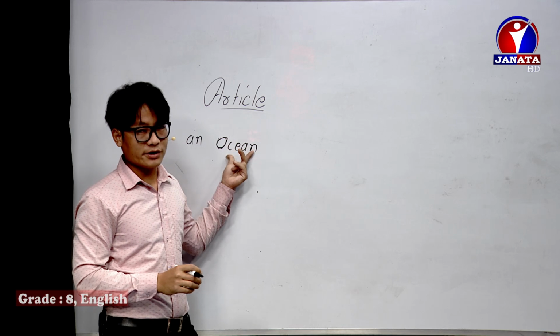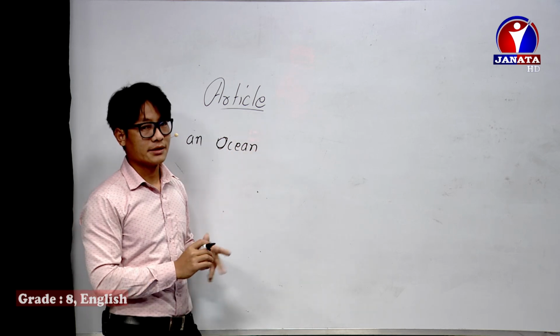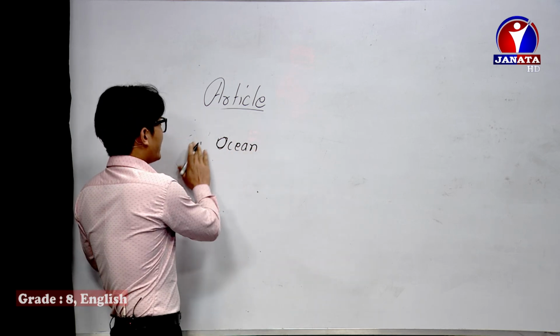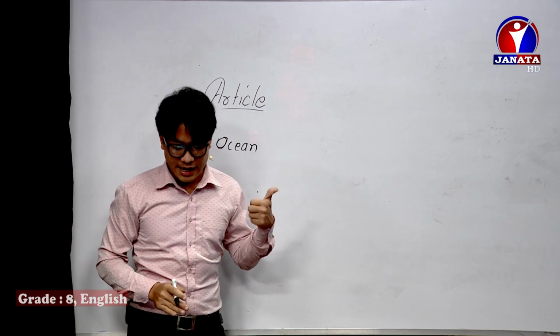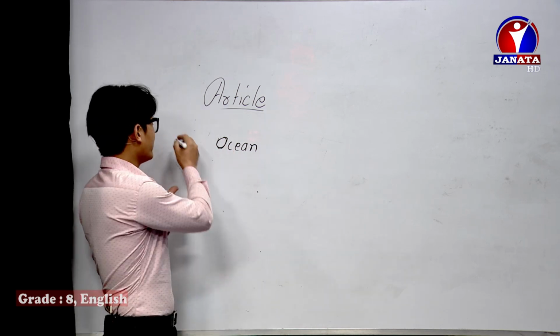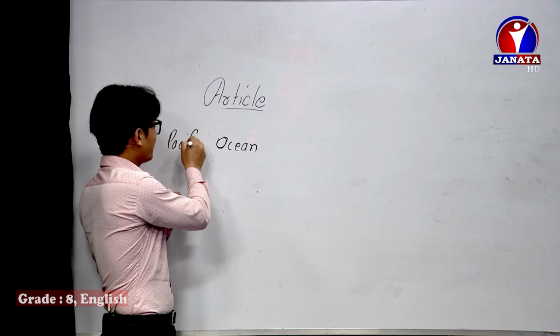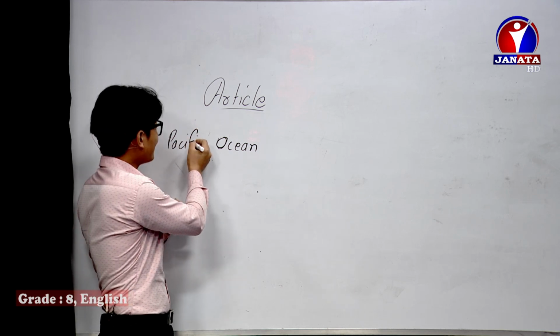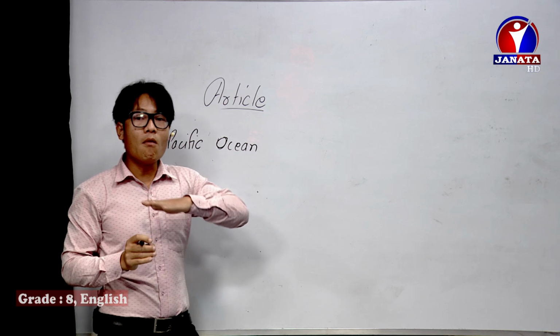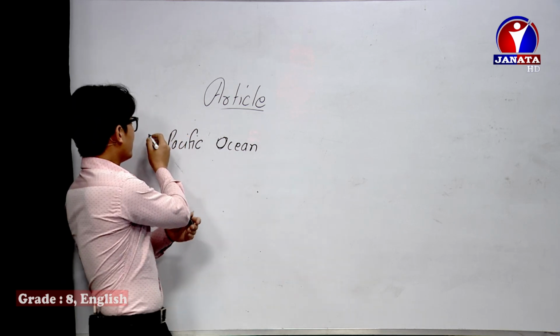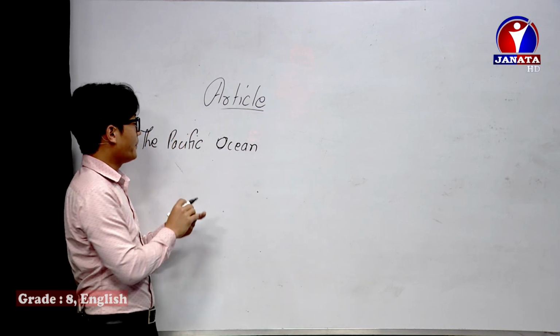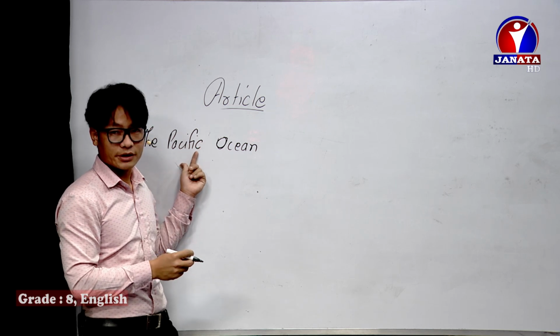If there is only ocean, then write an ocean. But if there is a name of ocean, like the Pacific Ocean, then you must be sure that there should be the article, because here is the name of ocean.